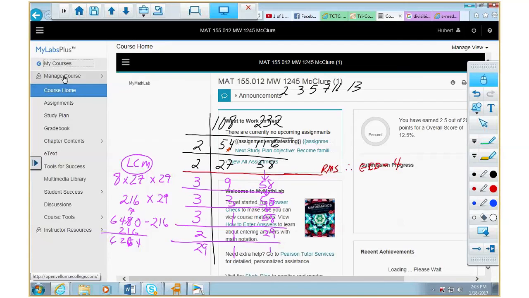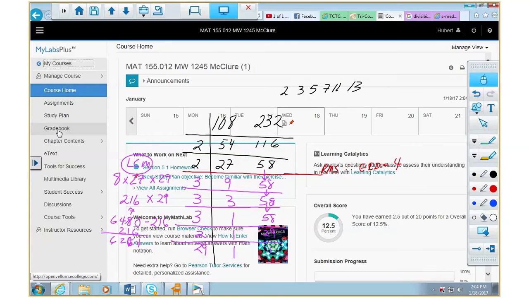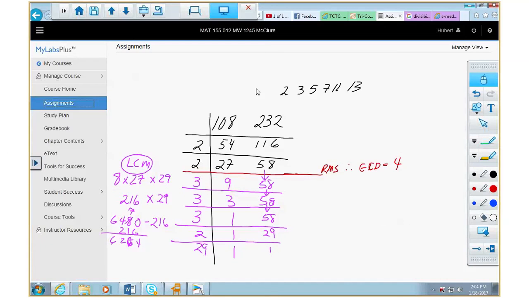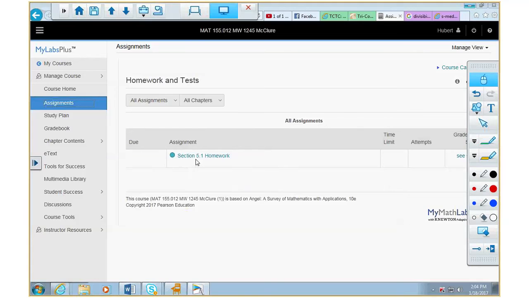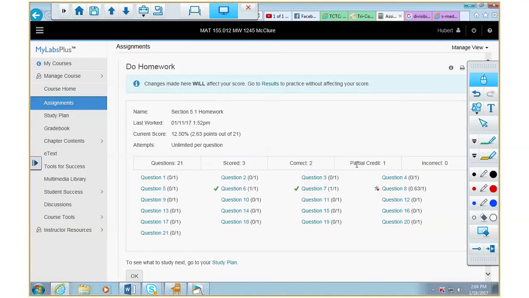After we have covered the material and hit assignments. Look there. After we covered the material, there's a homework section. 5.1. Now there's how many? 1, 2, 3, 4, 5 times 4 is 21.